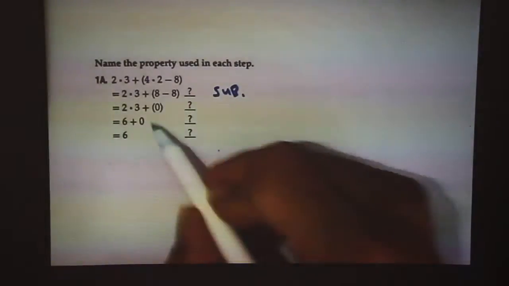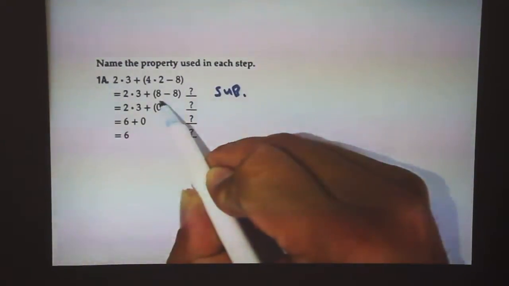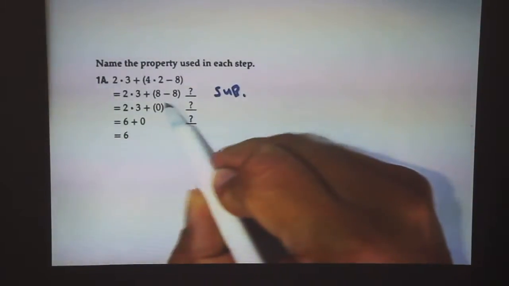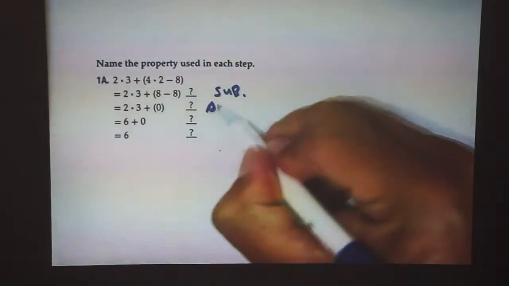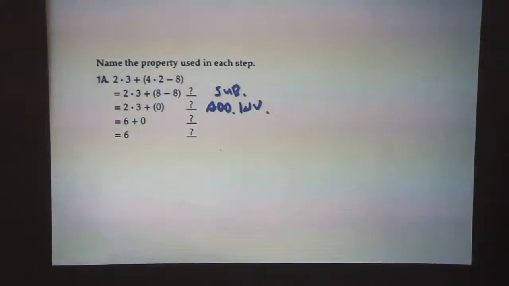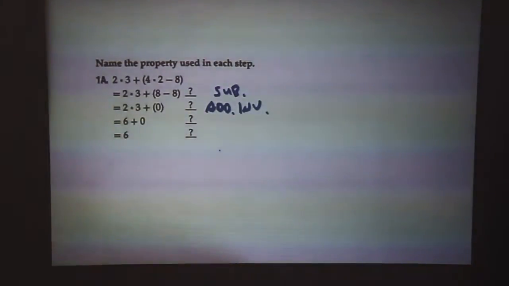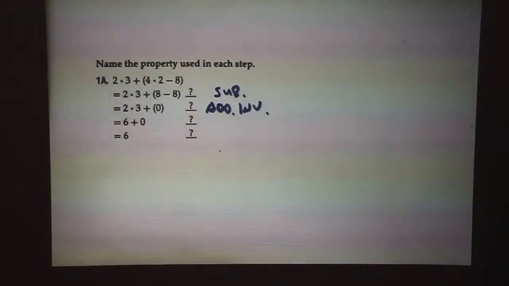And then the next step, 2 times 3 plus 0. What they did was the math here of 8 minus 8. Remember that for us is the additive inverse. That's the property used there, because again, we got 0 together as a value.